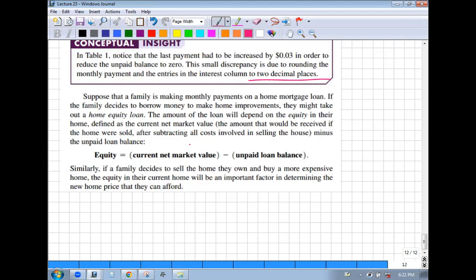All right, there's a whole lot going on in that sentence here. The loan depends on how much the house is worth, which is defined as the current net market value, the amount that would be received if it were sold, but subtracting all costs involved in selling the house. All right.